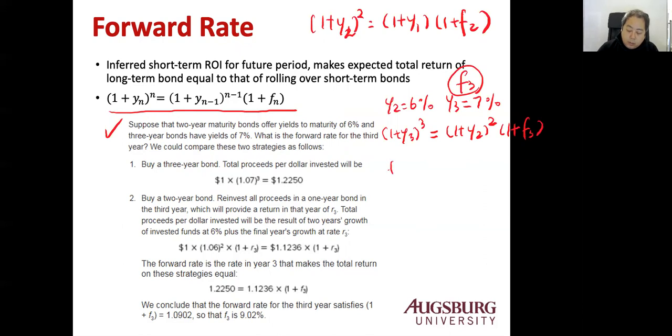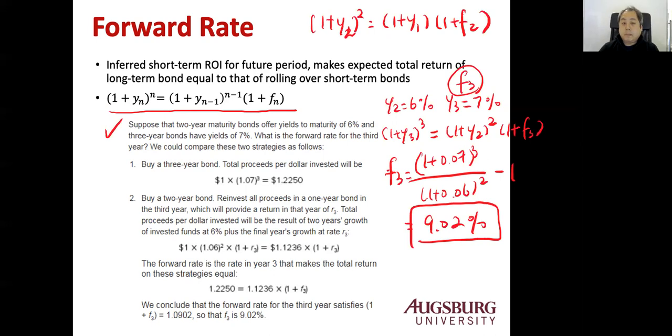So the forward rate equals 1.07 to the third over 1.06 squared, minus 1. So it will be 9.02%. That will be the forward rate. So the expectation hypothesis believes that rolling over the short-term rate should give the long-term rate.